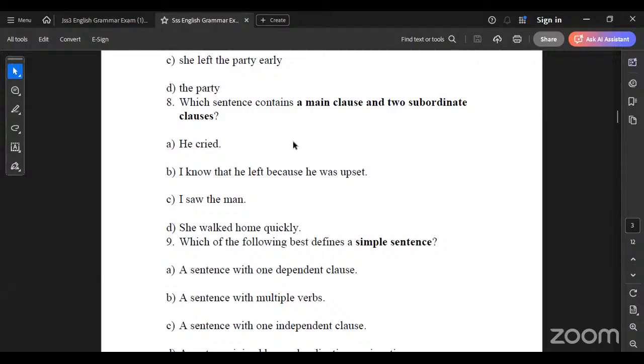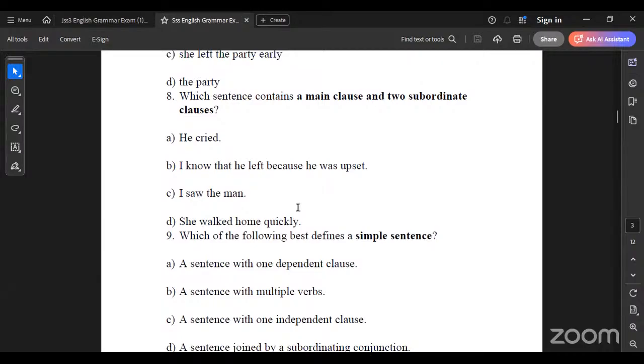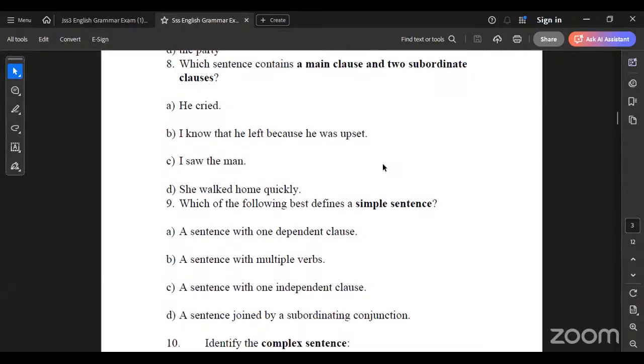We call that a compound complex sentence. "I know that he left because he was upset." Okay, that's correct. You notice that compound complex sentences are always longer. I hope that's not what you're just using to pick. "I know" is a main clause, "that he left" dependent, "because he was upset" another dependent.